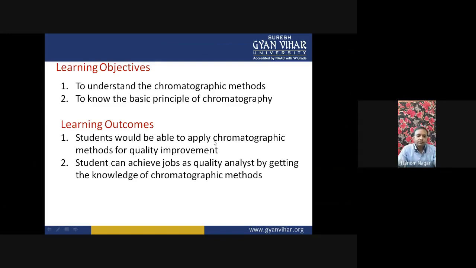The learning outcome is that the student would be able to apply chromatographic methods for quality improvement of drugs or synthesized compounds, and can choose a job as a quality analyst with pharmaceutical companies, food companies, drug companies, and agricultural manufacturer companies, because in every type of company, for improvement of quality and separation of components, we use chromatographic methods for quantitative and also qualitative purposes.